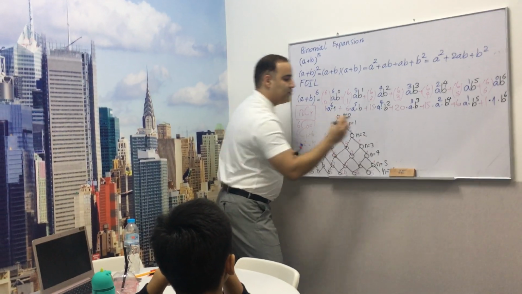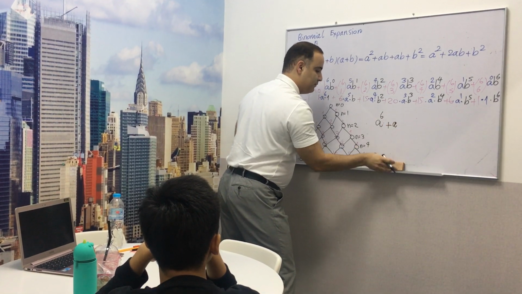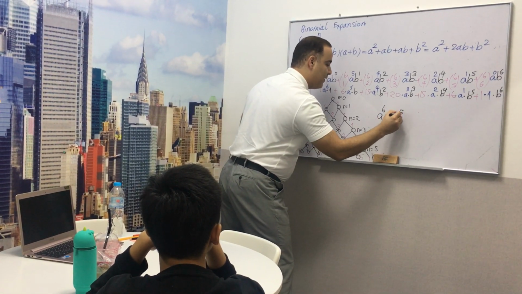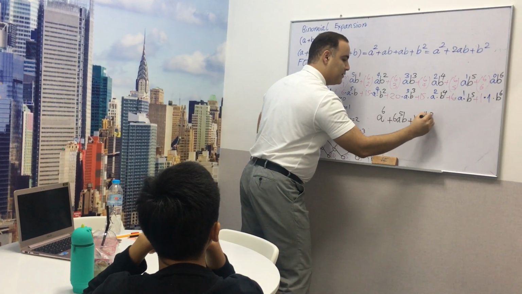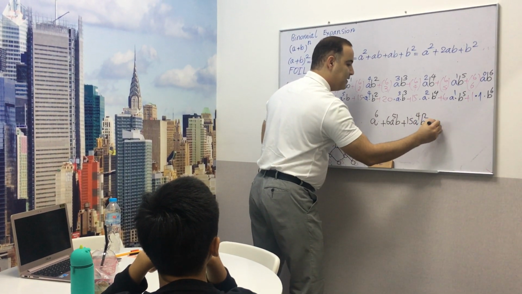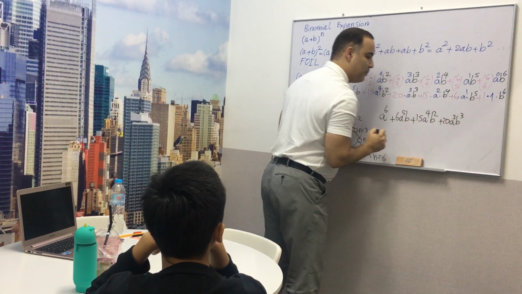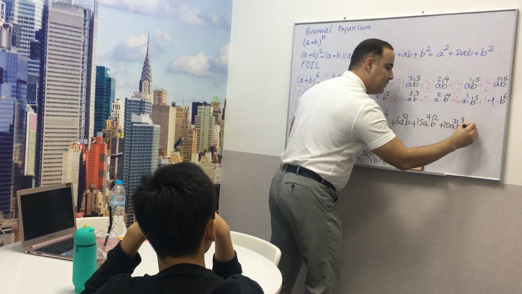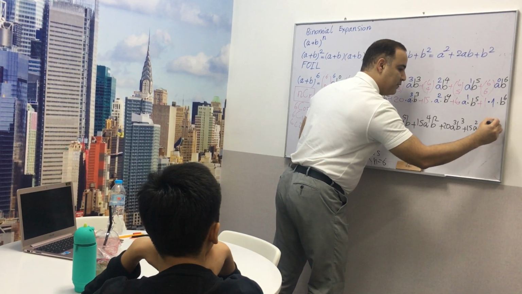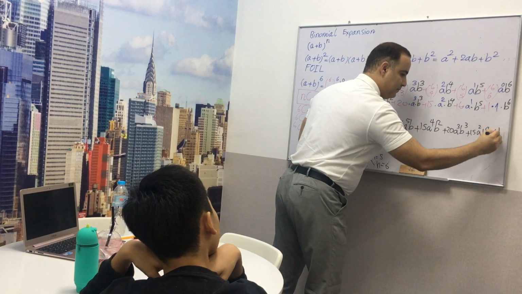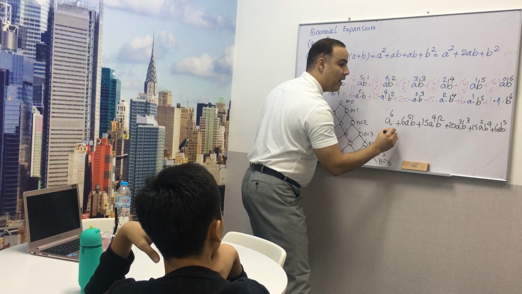All we need to do is just simplify. 1 times 1 is 1, so it's a to the power of 6 plus 6a to the power of 5 b, plus 15a to the power of 4 b squared, and then 20a to the power of 3 b to the power of 3, and then 15a squared b to the power of 4, 6a b to the power of 5, and then the last one is b to the power of 6.